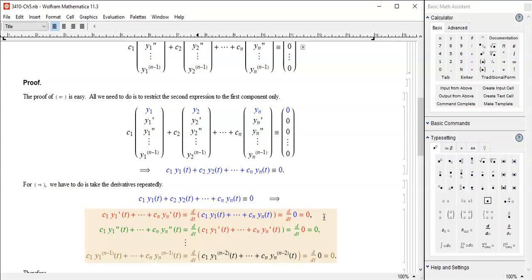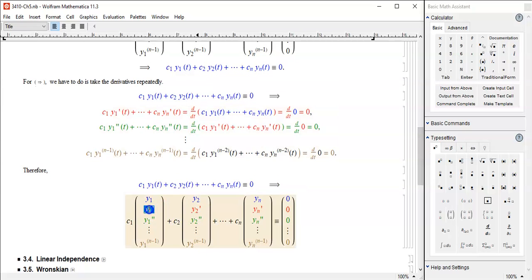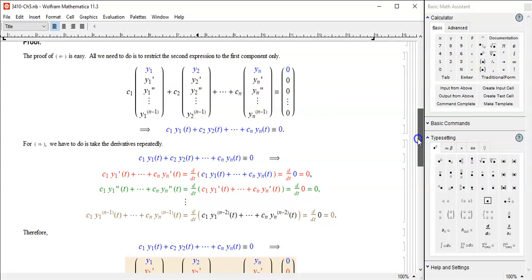So the second row is also 0. Where are we so far? Yep, c1 y1 prime plus c2 y2 prime, plus all the way up to cn yn prime, is equal to 0. That's where we are so far.